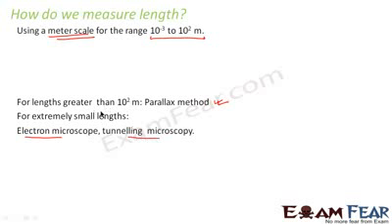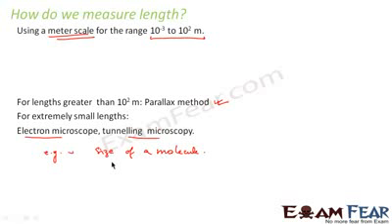For an example of very small lengths, consider if I ask you to estimate the size of a molecule. The size of a molecule is so small that you cannot even see it with your naked eye. So to measure it, you can definitely not use a meter scale.